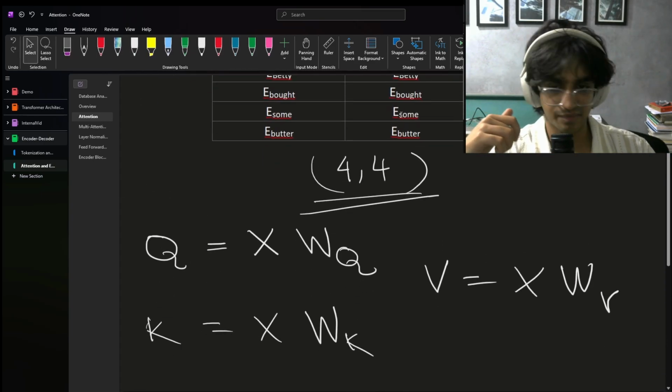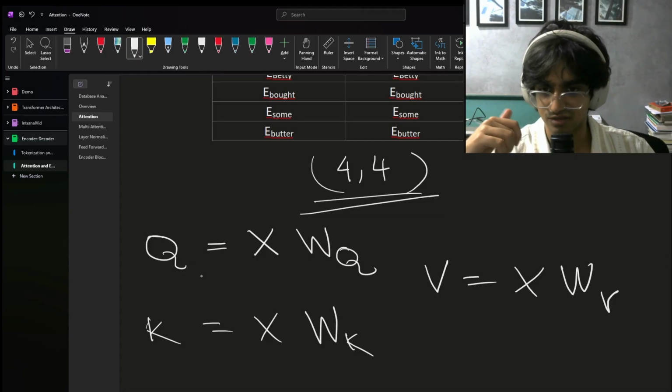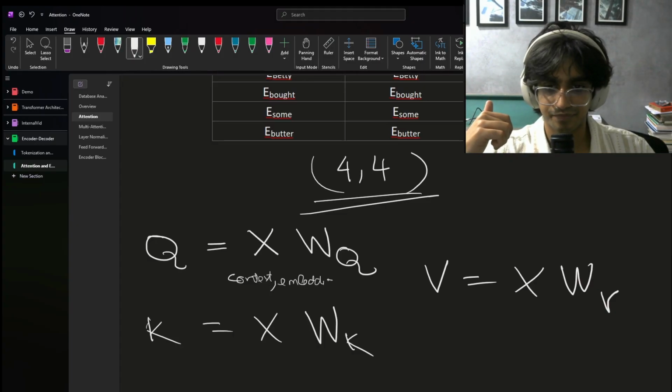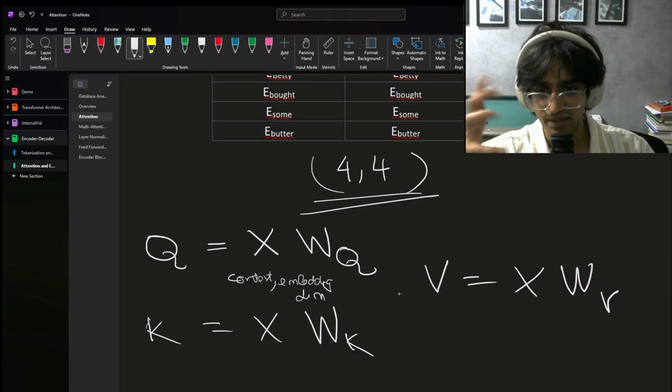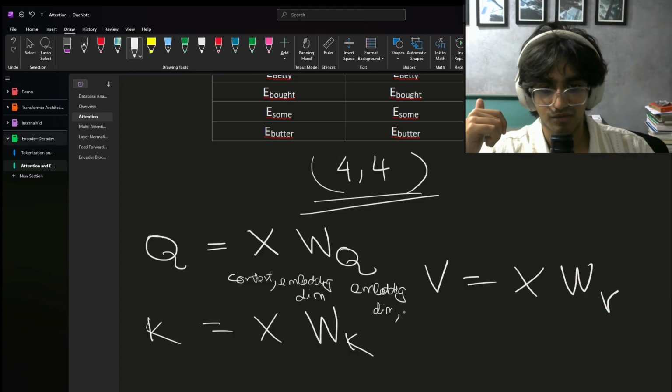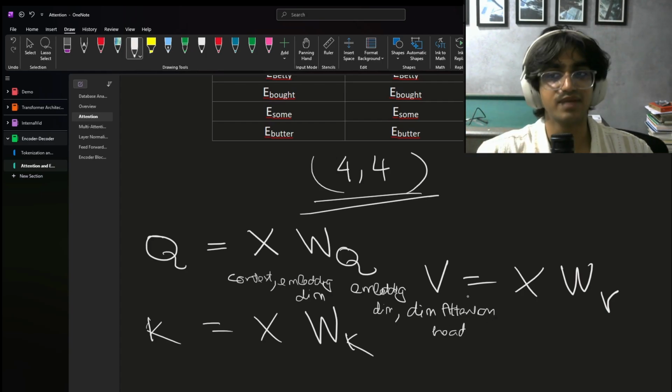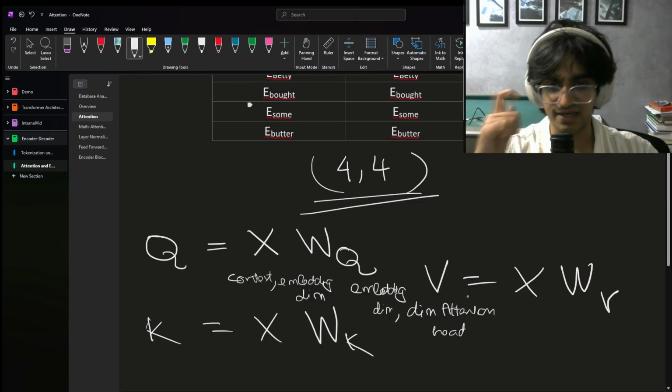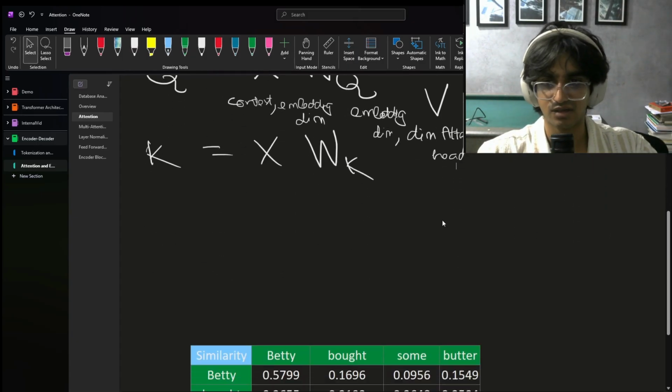Your input shape is essentially just your context length and your embedding dimension, and your weight matrix will be the embedding dimension comma the dimension of your attention head. I'll explain what the dimension of your attention head would be when we do multi-head attention, but for now we can just take it the same as the embedding dimension.